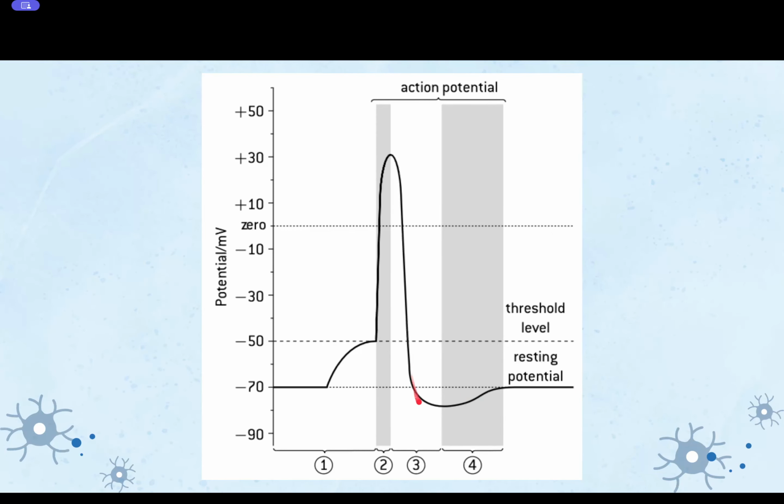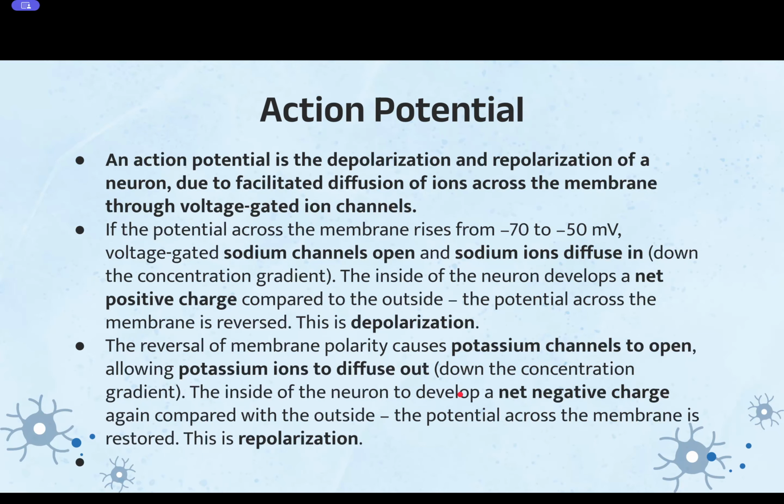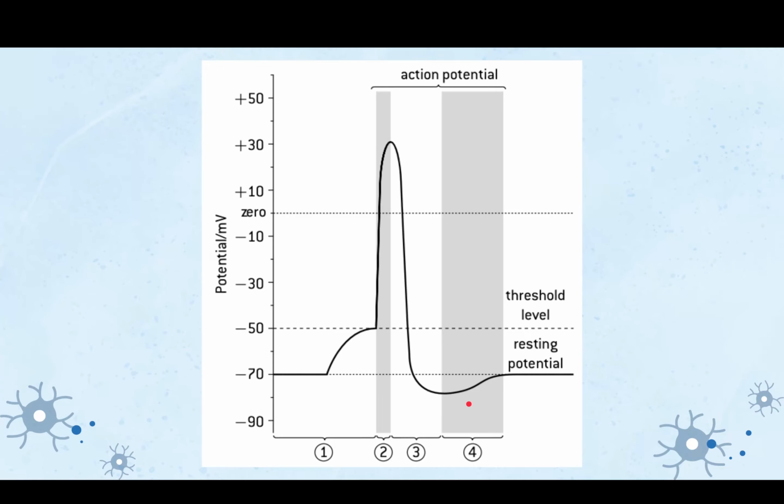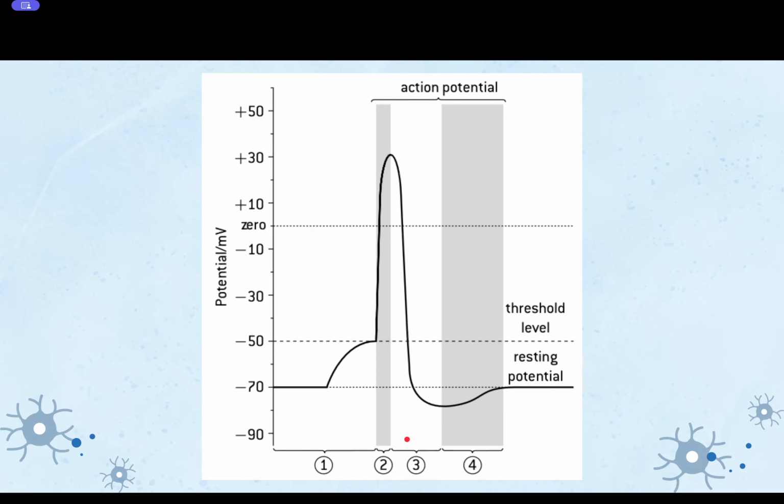Because it drops so low, it has enough energy to activate the pumps, and then it'll return back to the original configuration of having potassium within the neuron and sodium out of the neuron. 3 is repolarization. Yes.